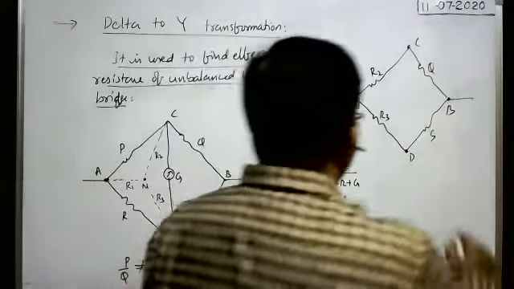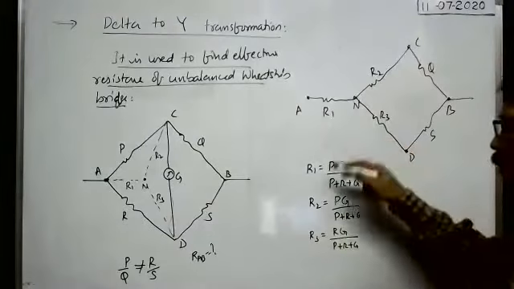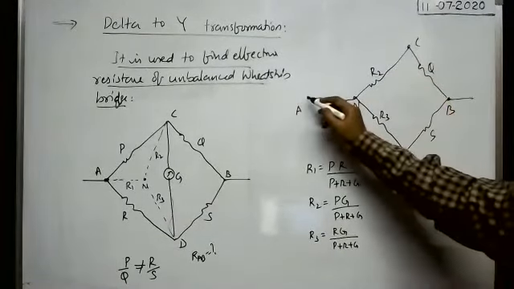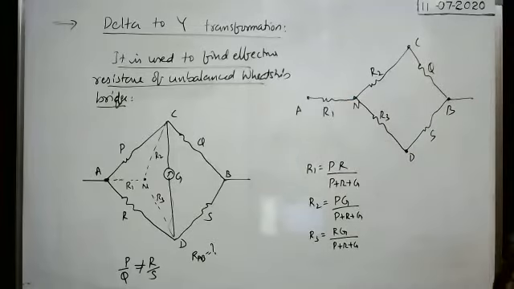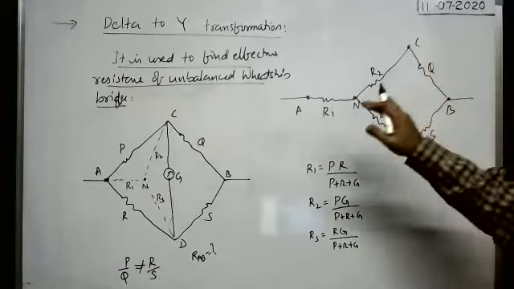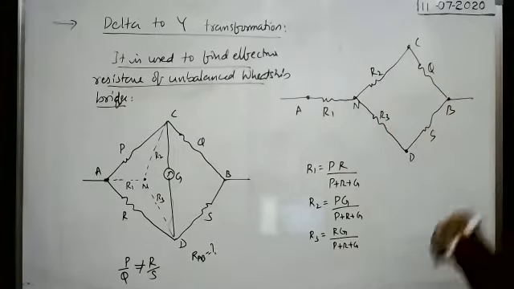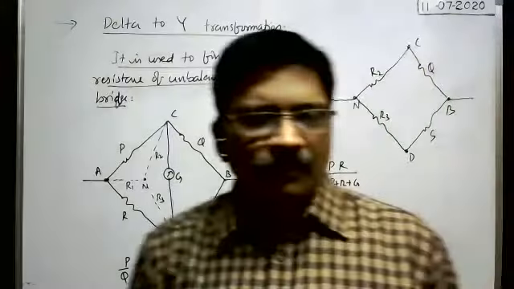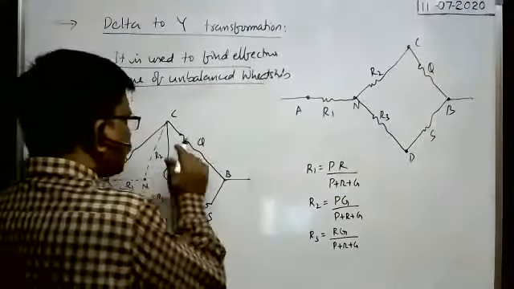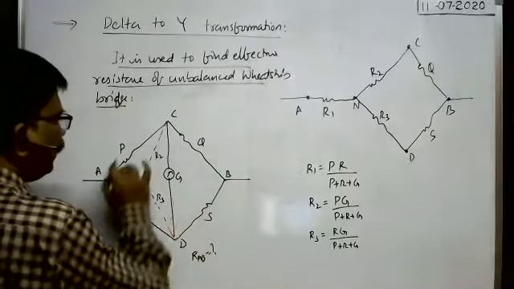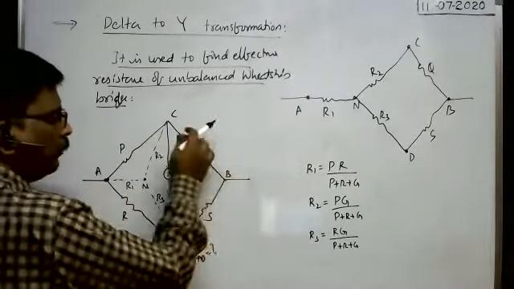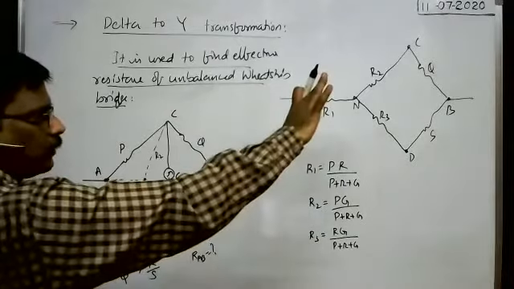Now at the places of R1, R2, R3, you find these values and note them here. Now I think we can easily calculate the effective resistance between A and B. If the circuit is redrawn like this, we can find the effective resistance between A and B very easily. We only changed the delta circuit in the middle into a Y junction, and the remaining resistances are noted as usual.